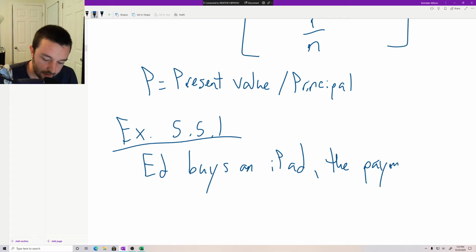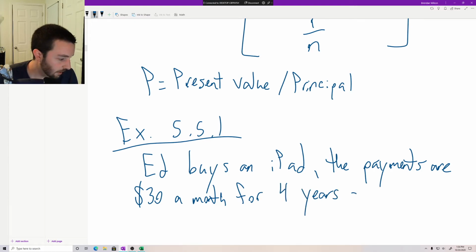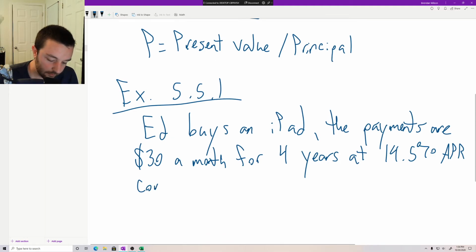The payments are $30 a month for 4 years at 14.5% APR, compounded monthly.